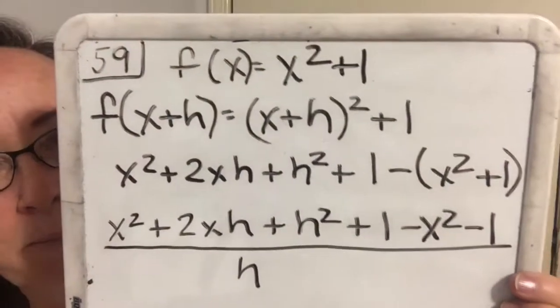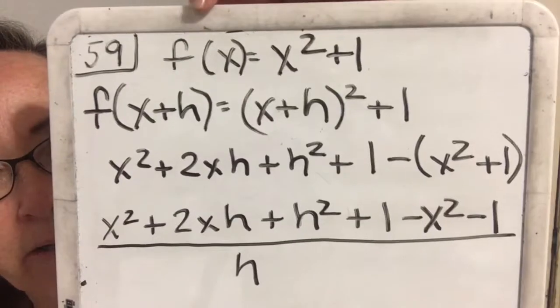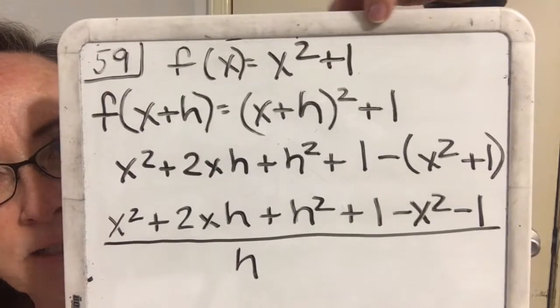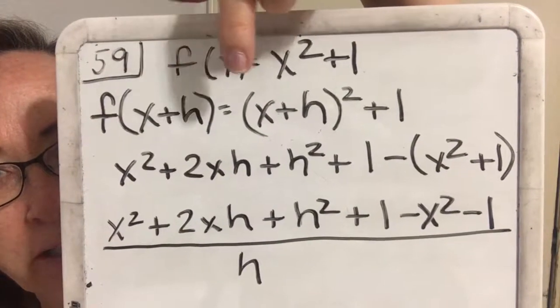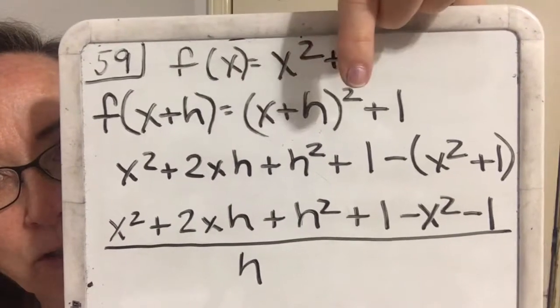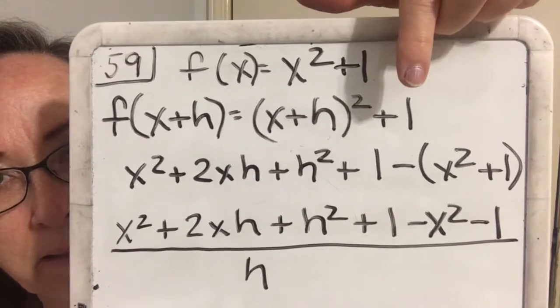Right, so here's problem number 59, and I started with my function f of x is x squared plus 1. So then I wrote my f of x plus h, which is going to be x plus h squared plus 1.